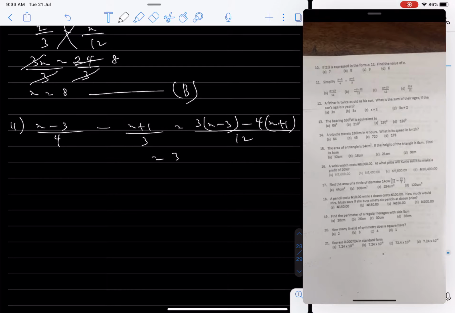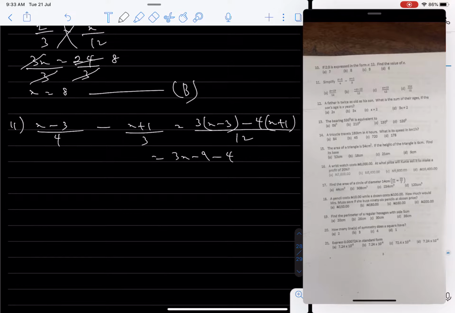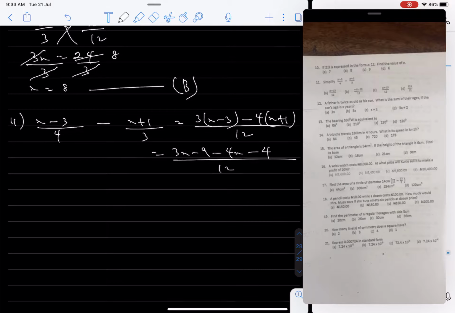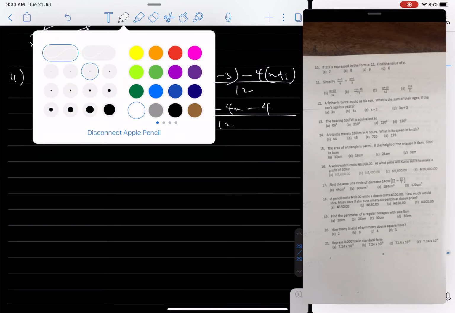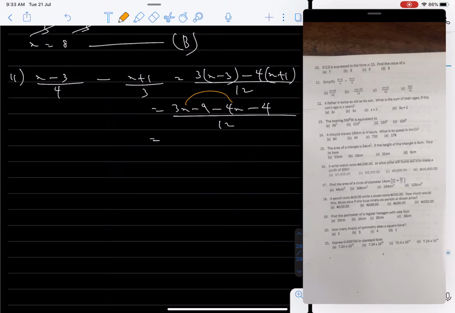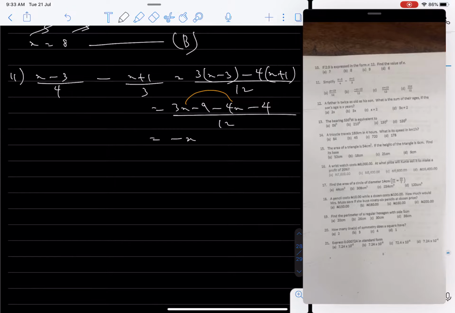And that means we now open the bracket. 3x minus 9, minus 4x. Don't forget, minus 4 times plus 1 is going to be minus 4, all over 12. Here I want to do 3x minus 4x, that's minus x, minus 9 minus 4, that's minus 13, all over 12.